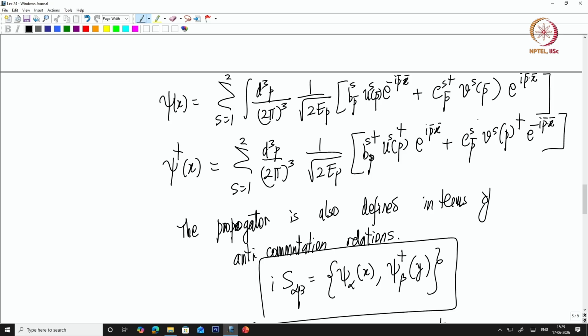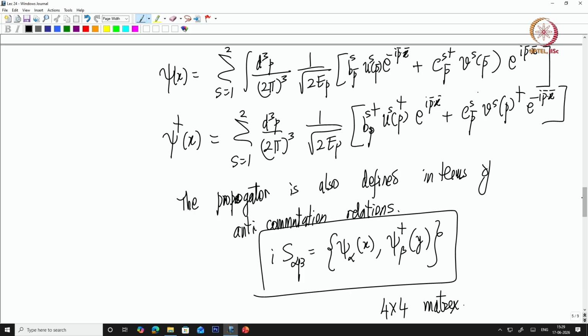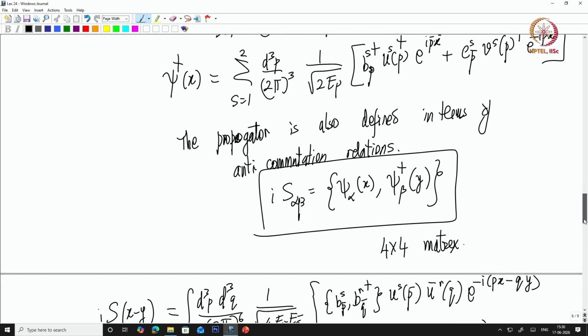The mode expansion can also be motivated from the Heisenberg equation of motion, exactly like what happened in the scalar field theory. Then we defined the propagator in terms of anti-commutation relations, because we want to use the mode expansions in computing it.